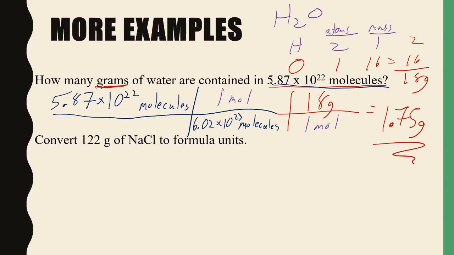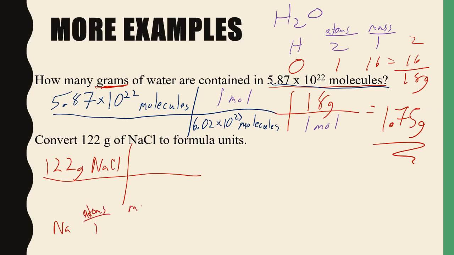All right, 122 grams of NaCl to formula units. So we're going to start this one with 122 grams of NaCl. So we got to go to the periodic table and figure that one out. So Na, there's one atom. Oops, atoms. There's one of those, and the mass of each one is 22.9 or 23, basically. Just trust me on this. I'm going to use my own periodic table rather than get you car sick again.